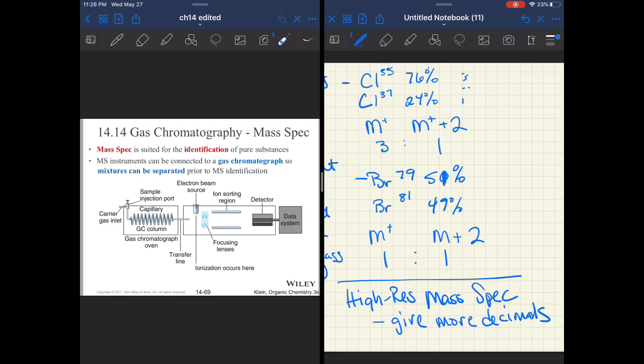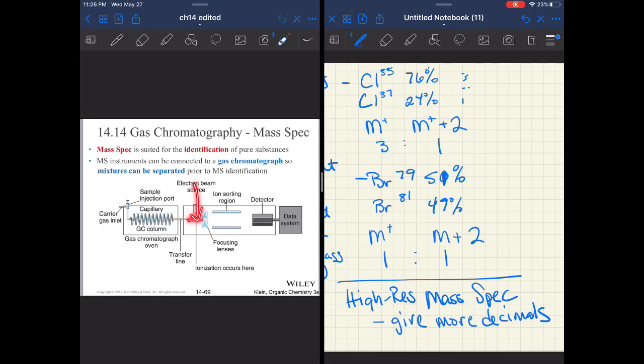Mass spec is often used in tandem with gas chromatography. It's one way to analyze a mixture. How that works is you inject a mixture into a gas chromatography column. Because of the solid phase inside the capillary column, much like how TLC works, some compounds move faster, some move slower, but they separate. And then as those compounds come out, they go into your mass spec.